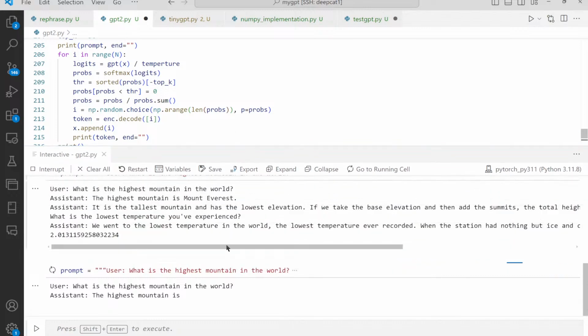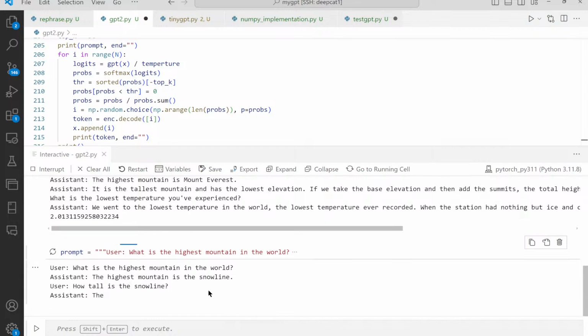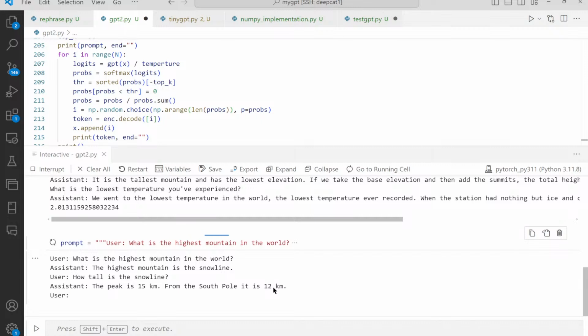So let's run it again. It will show a different result. It should show a different result. In the second try, it didn't answer correctly. It answered that the mountain is a snow line. I am not sure if it is a real mountain, but at least it answered the question.